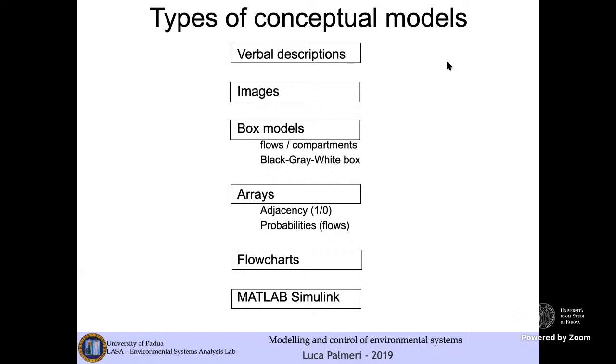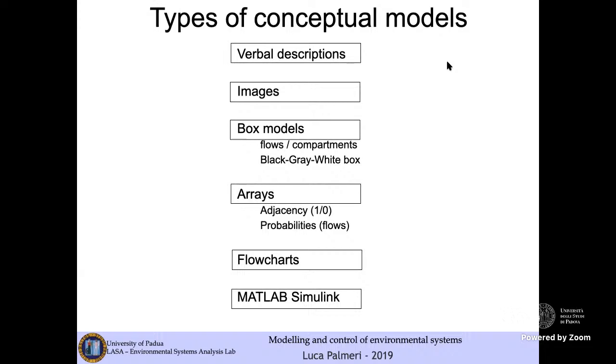forcing variables or external variables or state variables that describe my systems. But at this time, I'm also starting to introduce some kind of functional relationships between the state variables, and these functional relationships are described in my box and flow model as arrows.